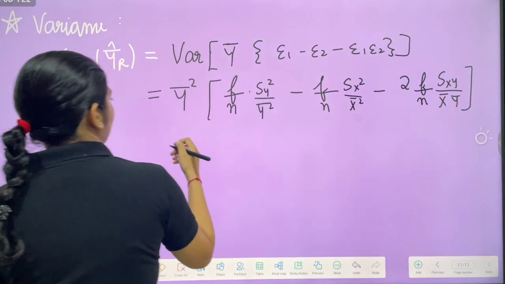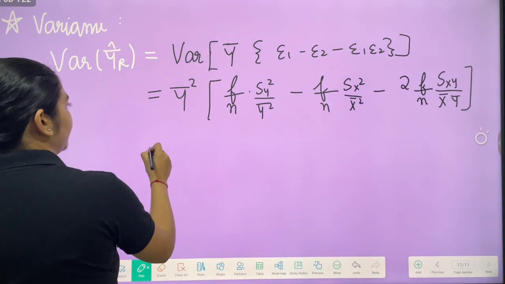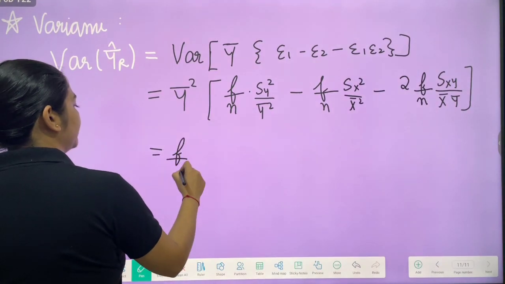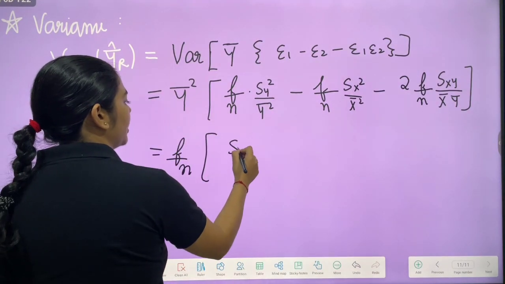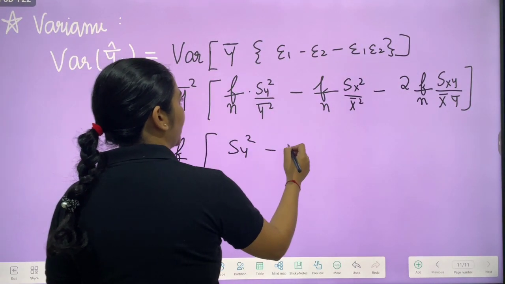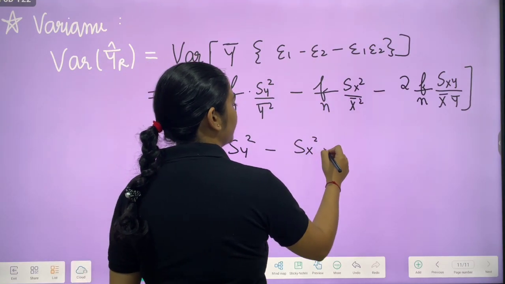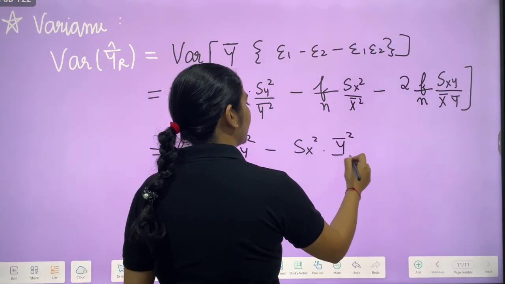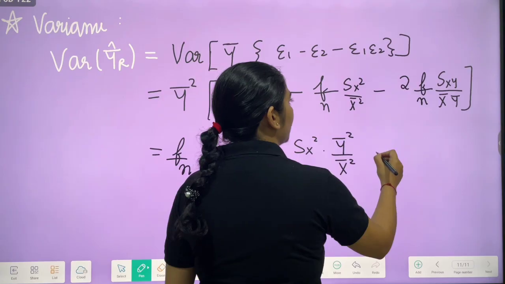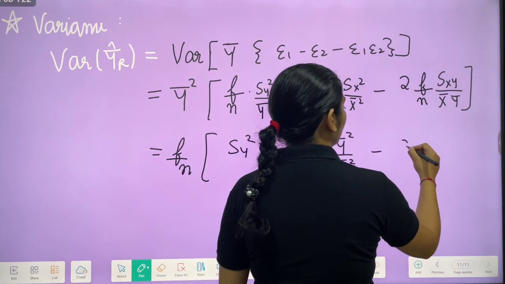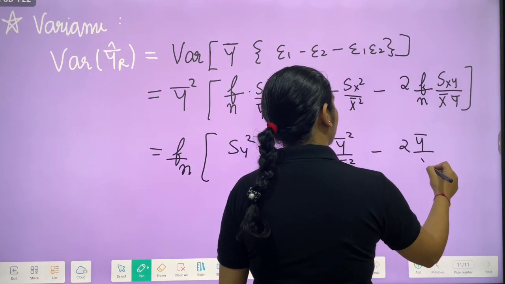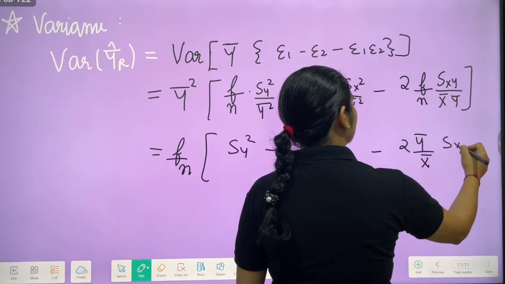Taking out f by n and multiplying by y bar square, we will get f by n into sy square minus sx square into y bar square upon x bar square minus 2 y bar upon x bar into sxy.